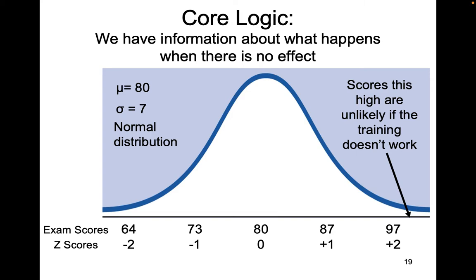So in this regard, the professor knew the likelihood of untrained students getting particular exam scores, and that serves as a basis for comparison. So more generally, researchers have the information to figure out the probability of getting a result if the treatment they're interested in has no effect.